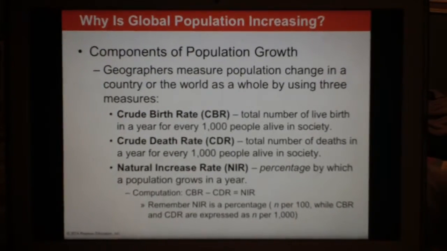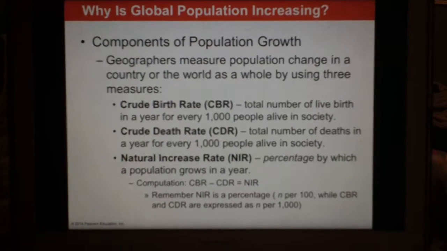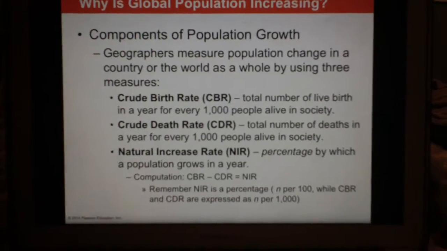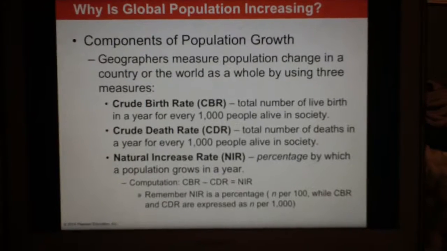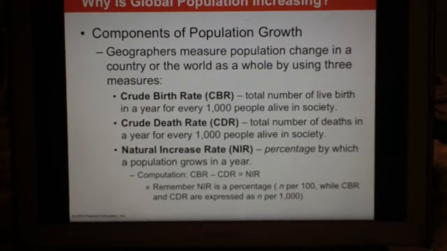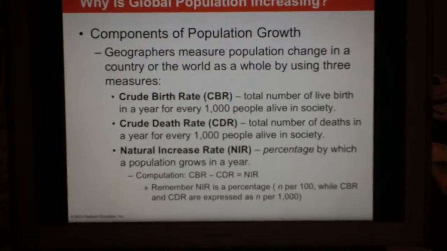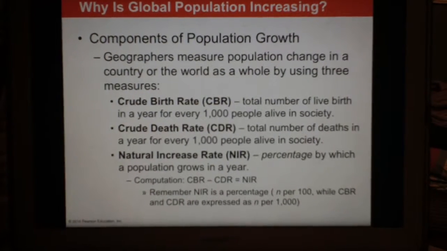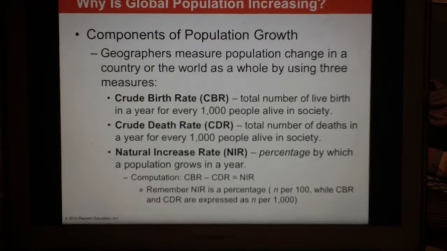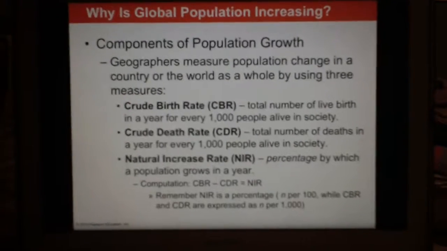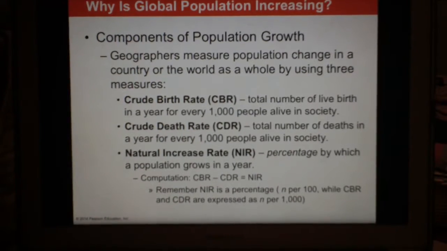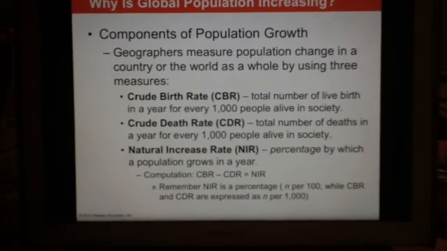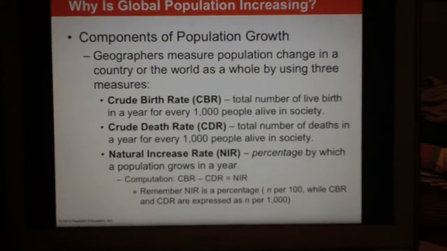So geographers measure population change in a country or the world as a whole by using these three measures. Crude birth rate, as you learned last night when you did your DIRT, is the total number of live births in a year for every 1,000 people alive in the society. So you take the number of live births and divide that by every 1,000 people alive in that society.